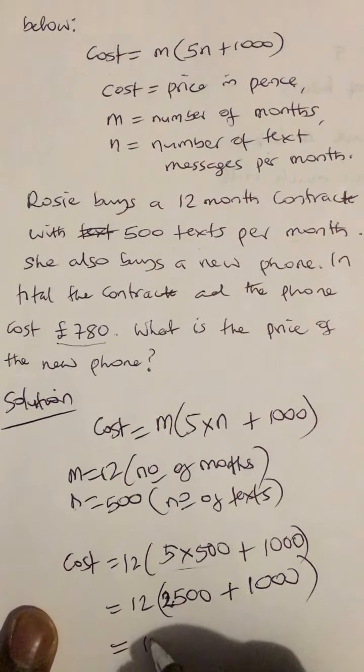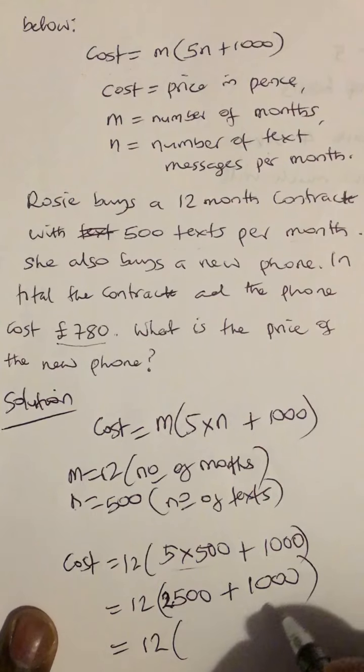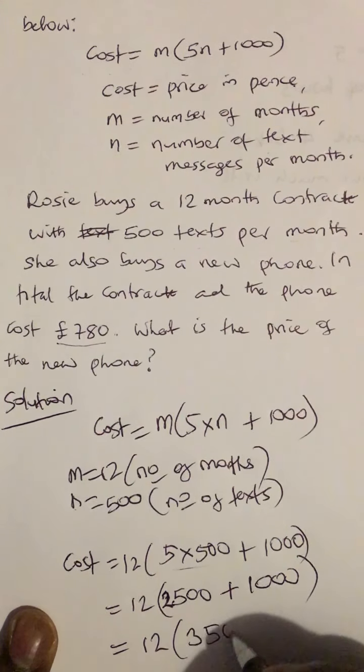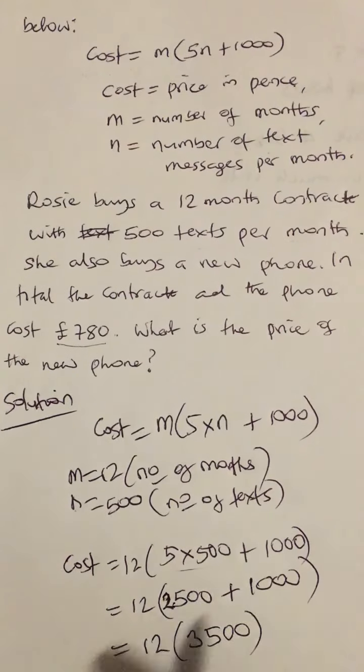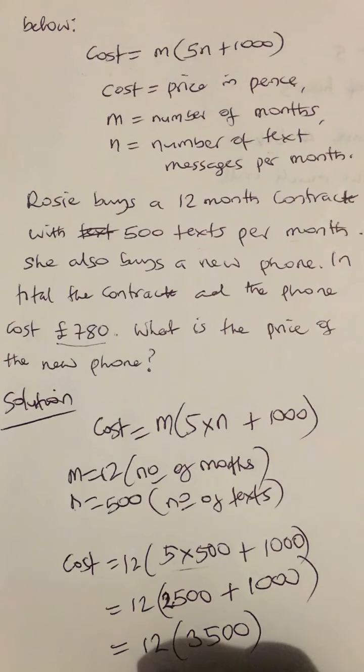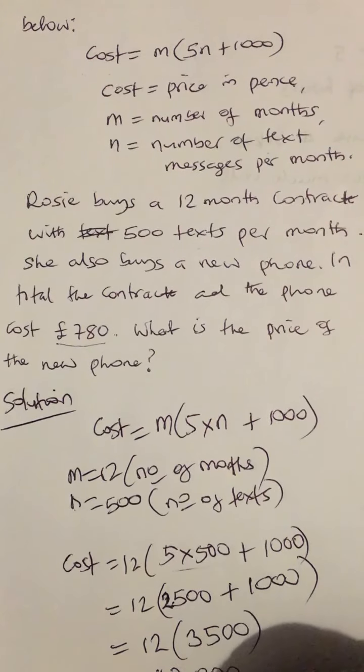So this will now give us 12 times 3500. So 12 times 3500 will now give us 42,000 P. This is in P.